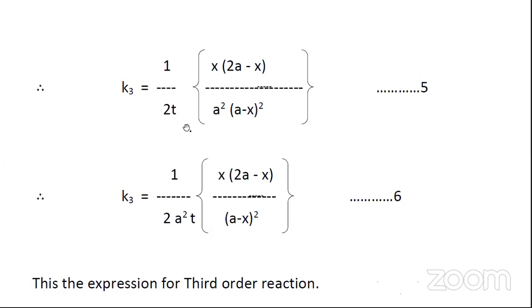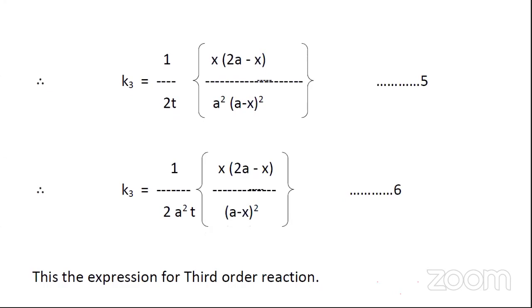Now take a square common out of the bracket, so K3 is equal to 1 upon twice a square t into x (twice a minus x) upon (a minus x) square. This is equation number 6, and this expression is called the third order rate equation, or the integrated rate law for a third order reaction.